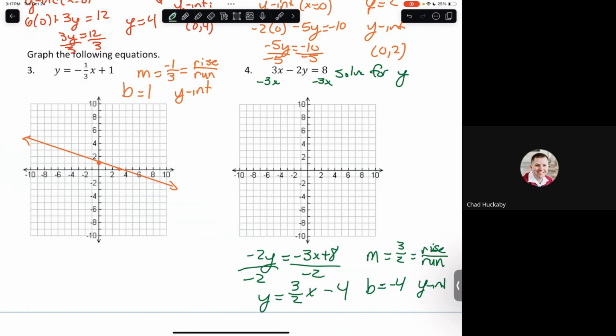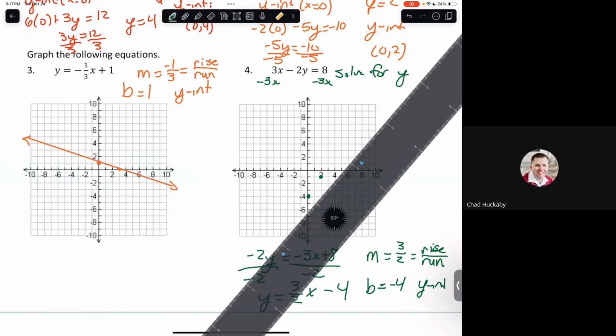So the point (0, -4) is on the graph. And for every 3 I go up in the y direction, I have to go over 2. So the point (2, -1) is on my graph. Bring up my handy dandy ruler.